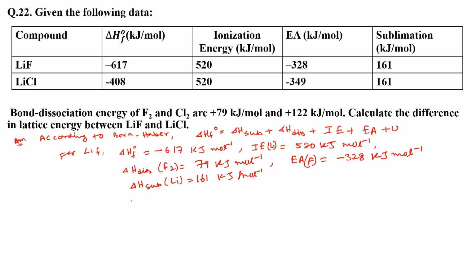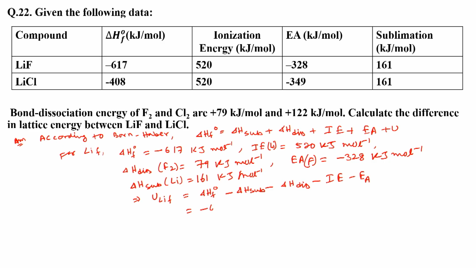Okay, so if we substitute all these values, we get U of LiF is delta H F naught minus delta H sub minus delta H diss minus IE minus EA. So, we put the values.